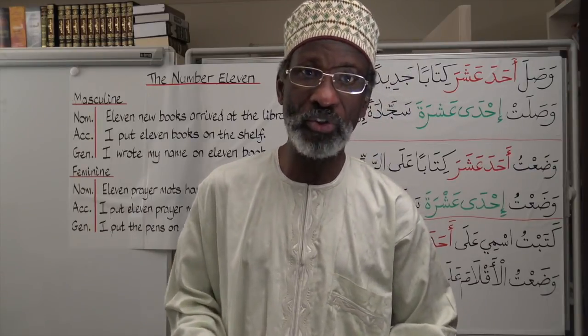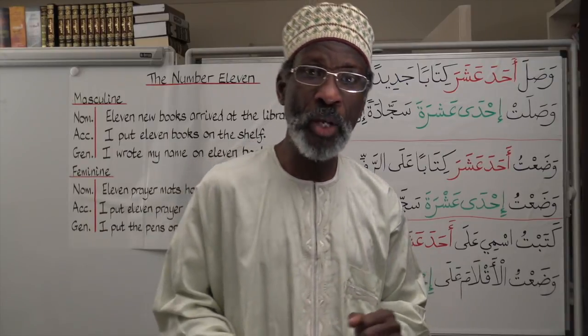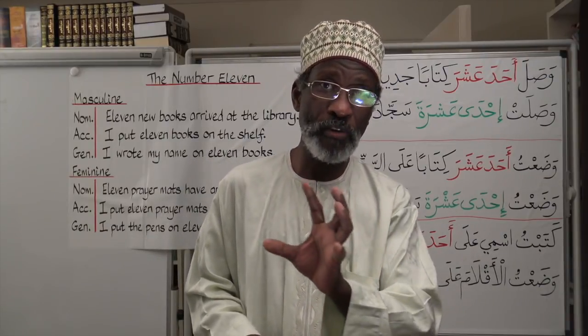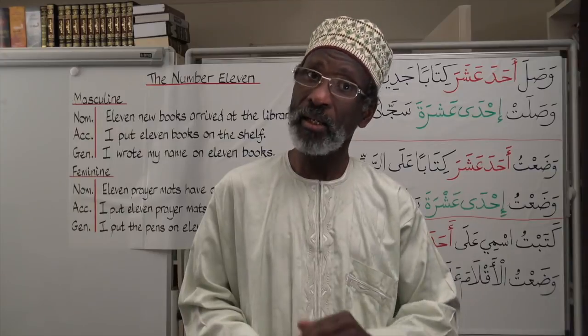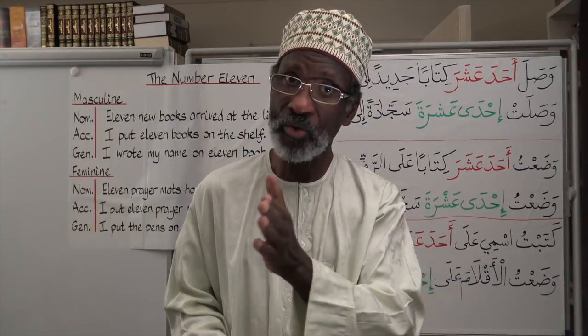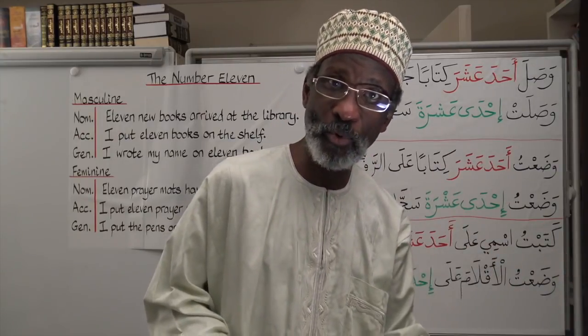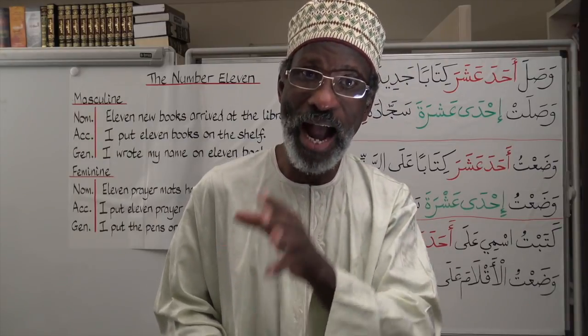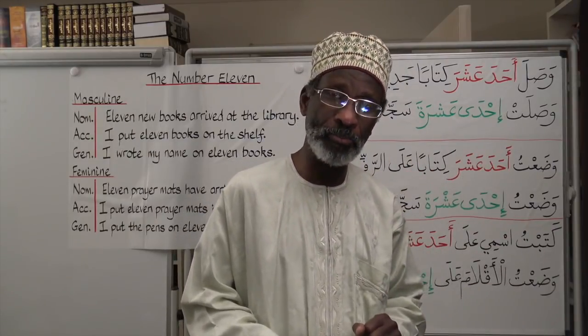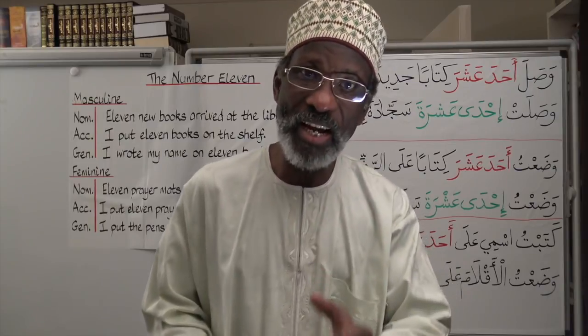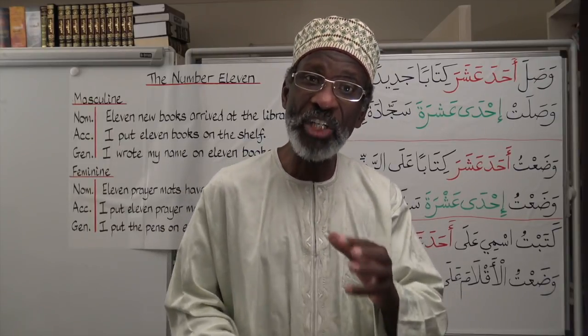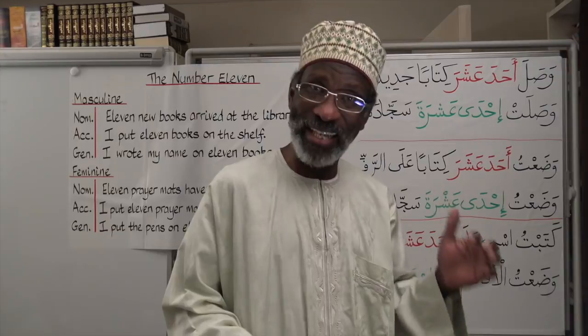For instance, if you want to say 10 boys, you will use feminine 10. You say asharatu awladin, plural. Asharatu awladin, 10 boys. If you want to say 10 girls, you say ashru banatin.